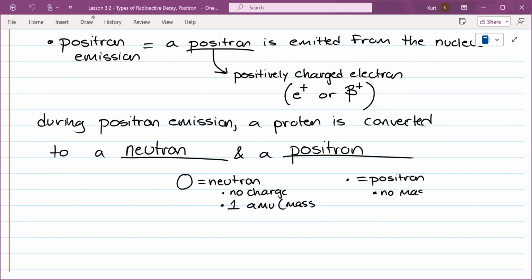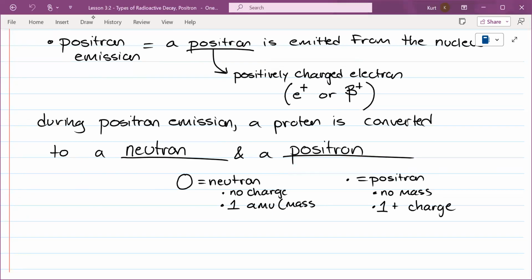No mass. A positive one charge. If you were to combine a neutron and a positron, what would you get? Something that has 1 amu for mass and a positive one charge. What is that? A proton.